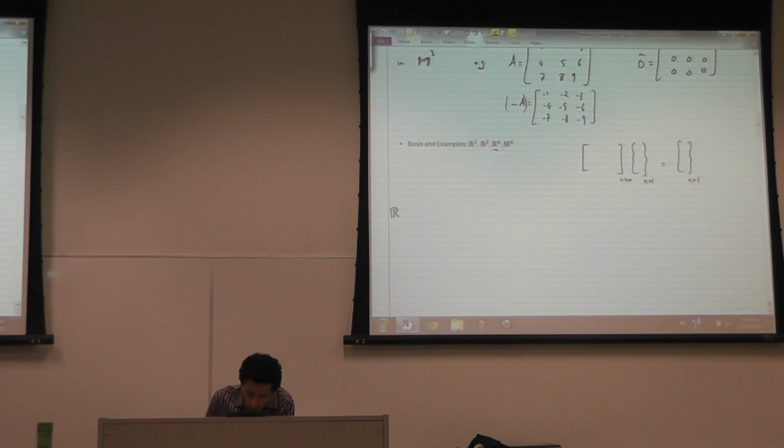R is a one-dimensional vector space because everything in R can be written as a linear combination of one element, which is 1.